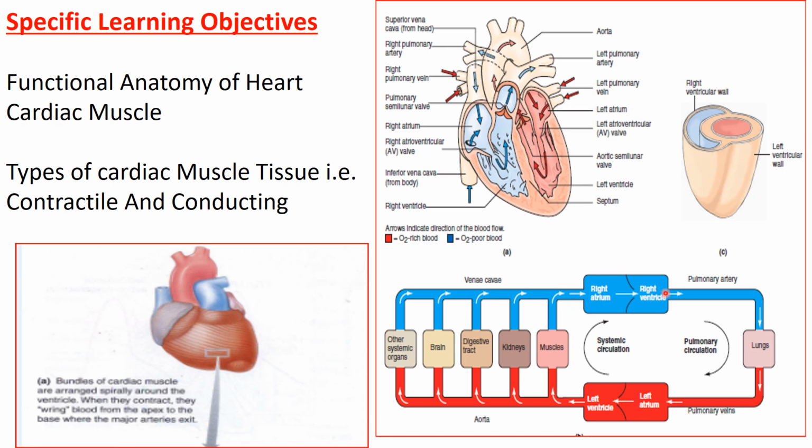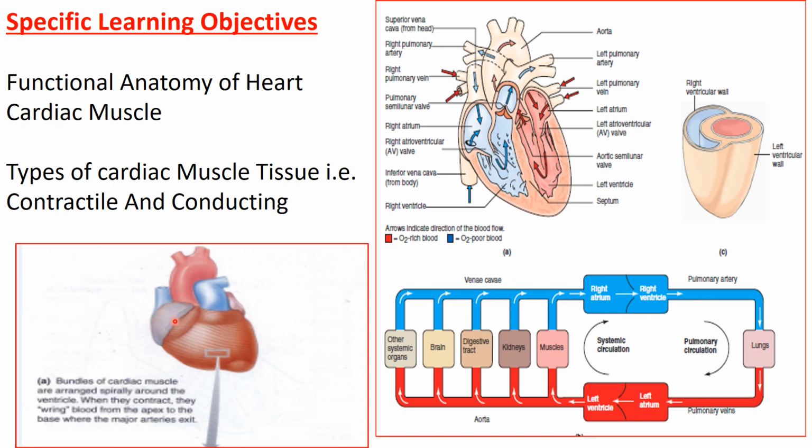Now let's study the picture on the side of the slide. We see this is the cut section of the heart in the longitudinal plane and this is the cross section of the heart. Here you see this is the left ventricle having red blood in it and this is the right ventricle having bluish blood in it.